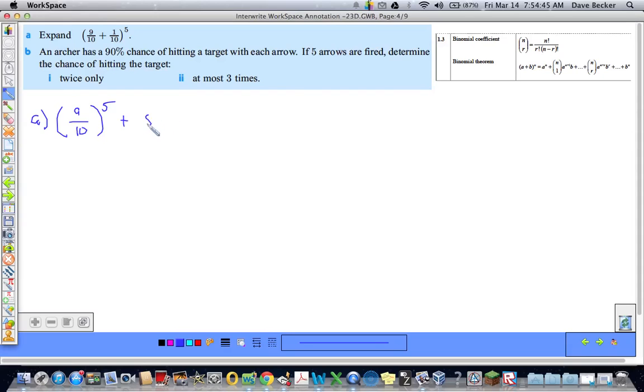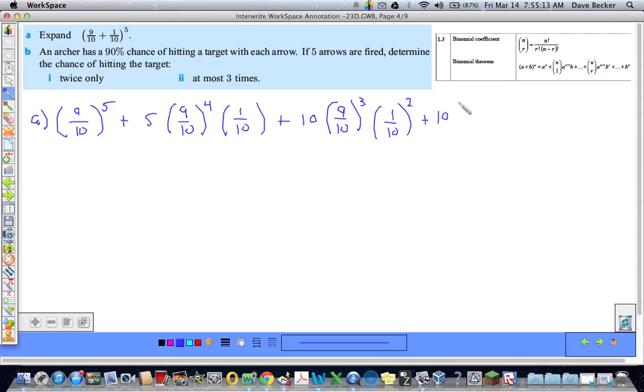So this would be 5 times (9/10) to the 4th power times (1/10) to the 1st power. Next coefficient is 10, so plus 10 times (9/10) cubed. Remember binomial expansion? Thought it was going away? Never! Times (1/10) squared. Again, since we're expanding to the 5th power, our exponents will always add up to 5.